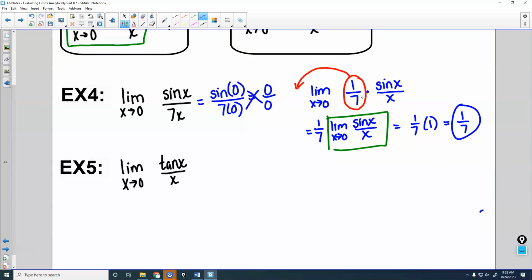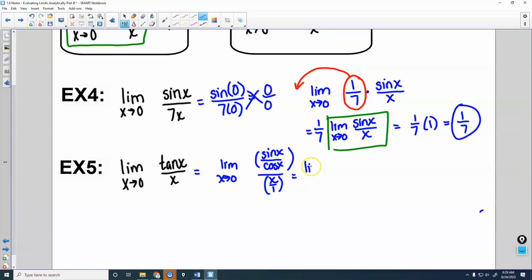So what can I do with my tangent? I can change it to sine over cosine, right? Tangent equals sine over cosine. So I can do the limit as x approaches 0 of sine x over cosine x over x. And that's a complex fraction, and I don't like complex fractions, so I'm going to put this over 1.